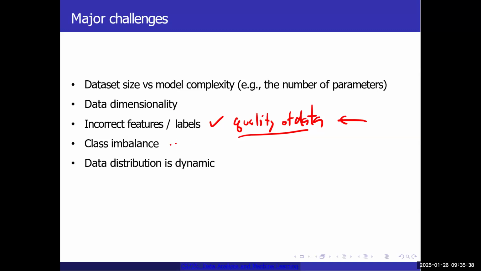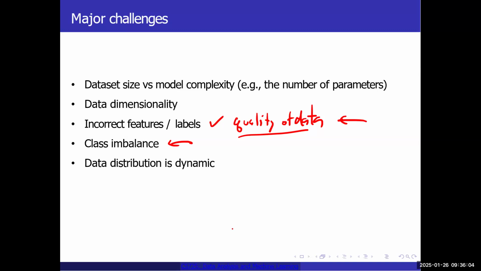Another one is class imbalance. This class imbalance is actually very crucial because, for example, in binary classification, you have two classes, right? And if you have the same number of examples in two classes, you can learn both classes very, very well.